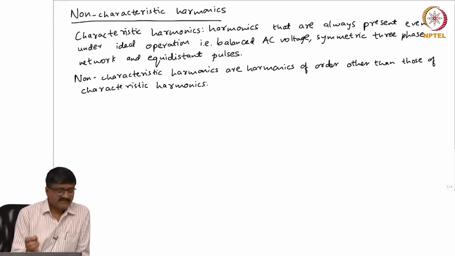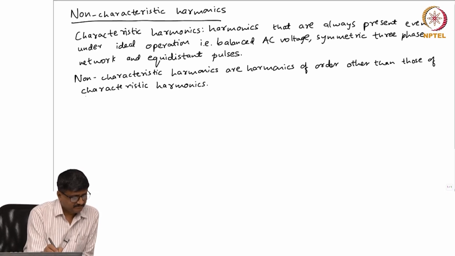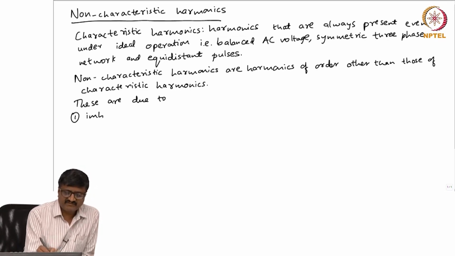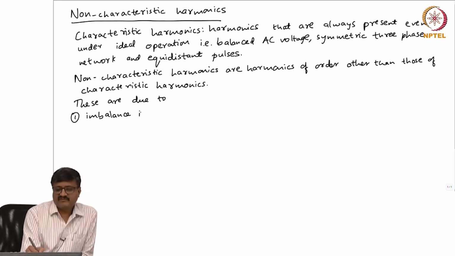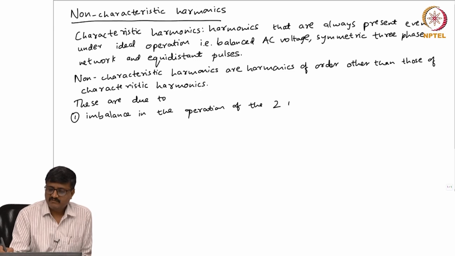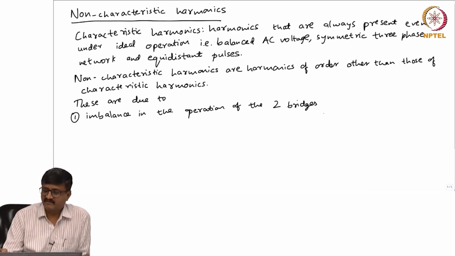Now, as I said, there are many reasons for non-characteristic harmonics. These are due to, and I will list out some of the reasons: imbalance in the operation of the two bridges, so I am referring to the bridges of a 12 pulse converter.